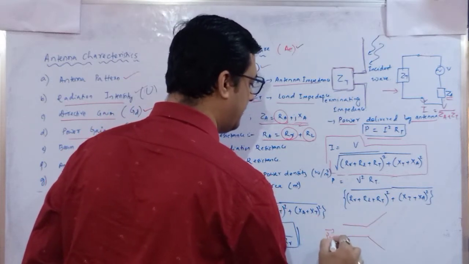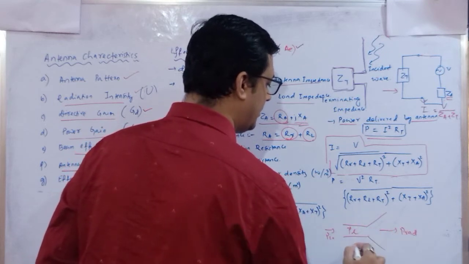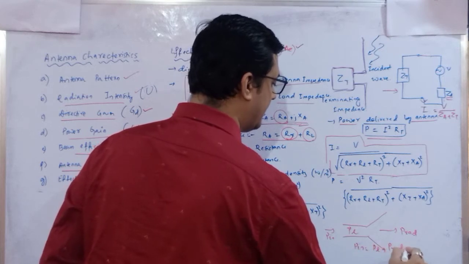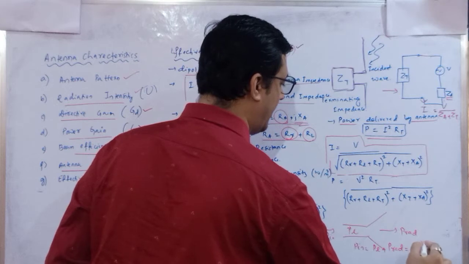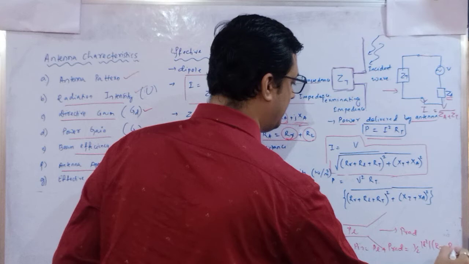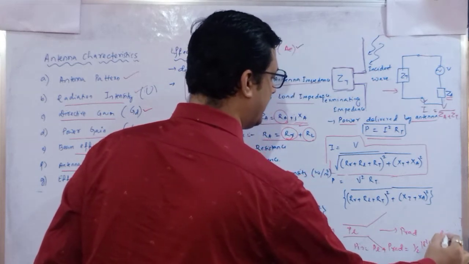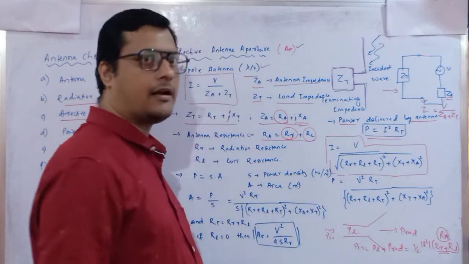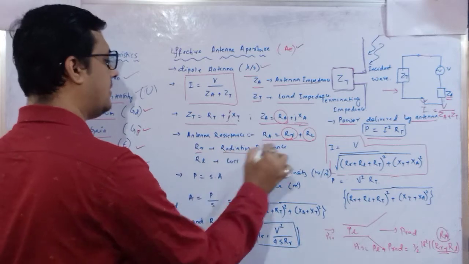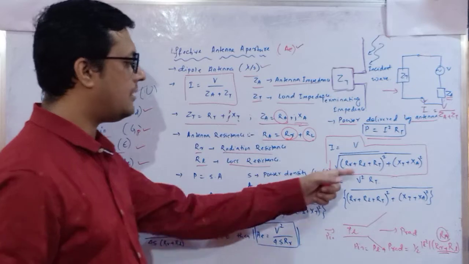Here we are giving the input, here some losses and here some radiation. So your input is equal to loss plus P rad. So you can write half I square into RR plus RL, radiation plus loss. So this is called your antenna resistance, RR plus RL. Okay, so I have written that here. RR is called radiation resistance, and RL is called loss resistance. We need to substitute here.